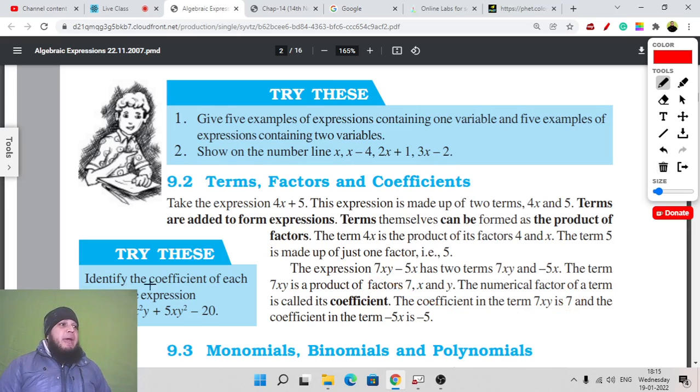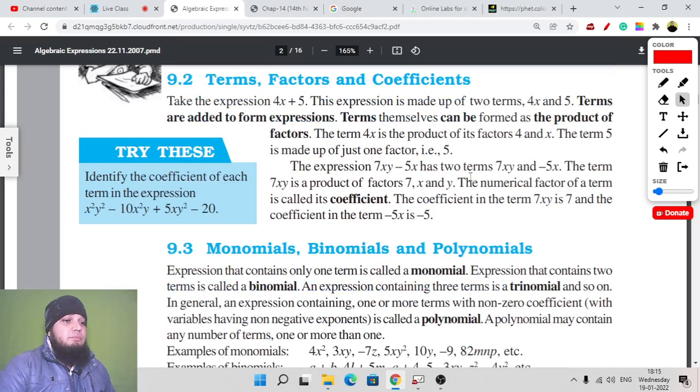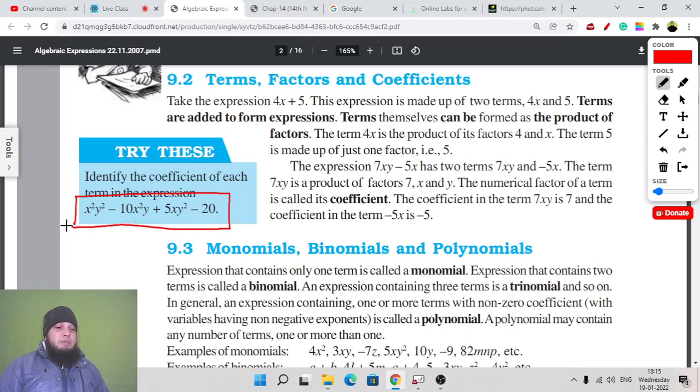Okay, now identify the coefficient of each term. This is an algebraic expression: x square y square minus 10x square y plus 5xy square minus 20. Now this algebraic expression contains how many terms?